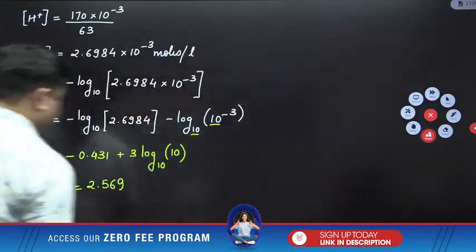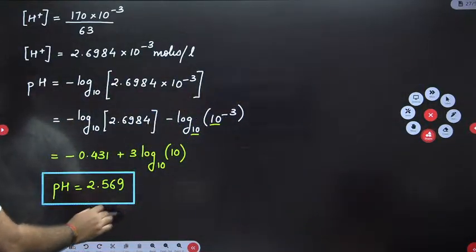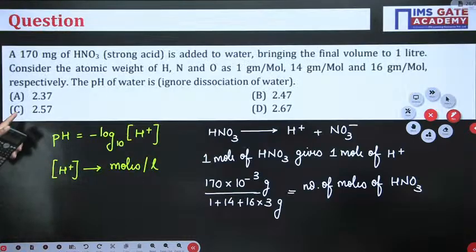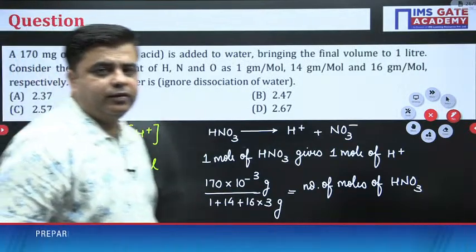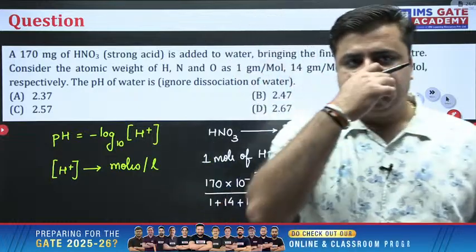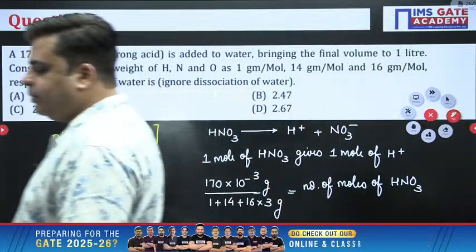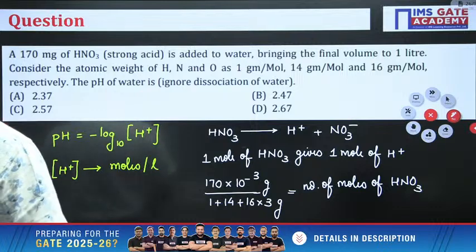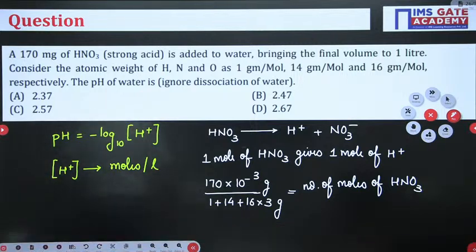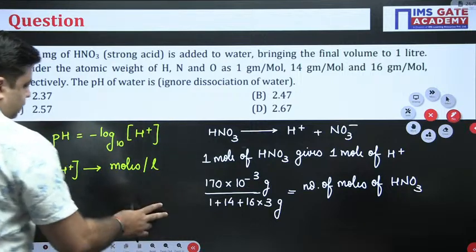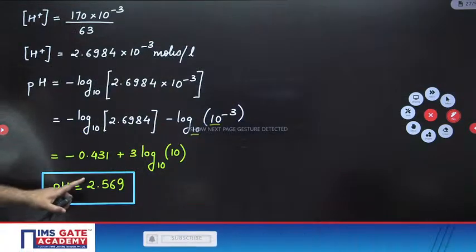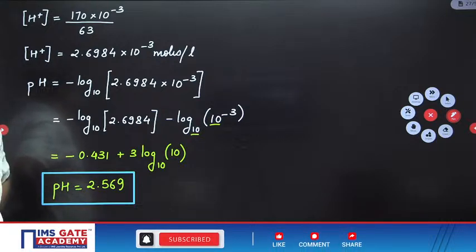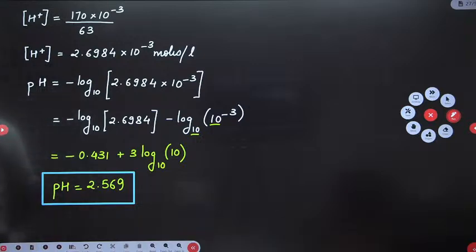Just check with the options which one is matching. So 2.57, option C will be the correct answer for this, right? Just quickly tell me yes or no whether you are getting the same answer or not.